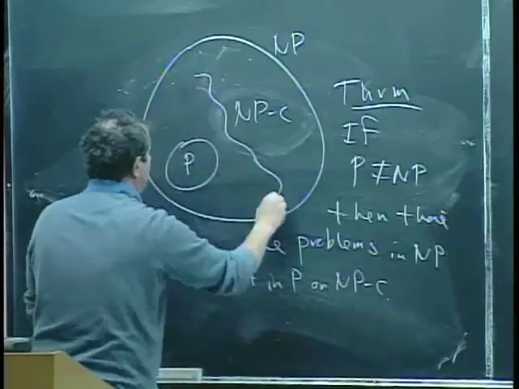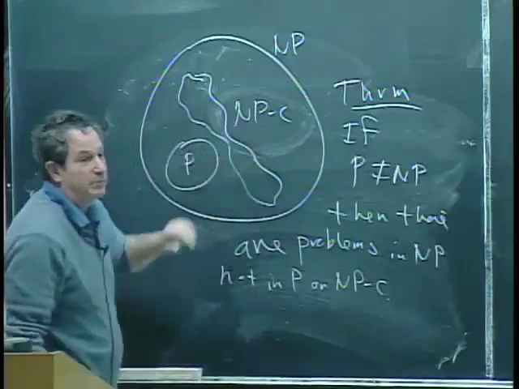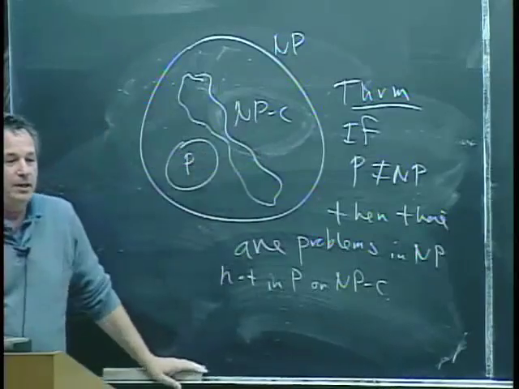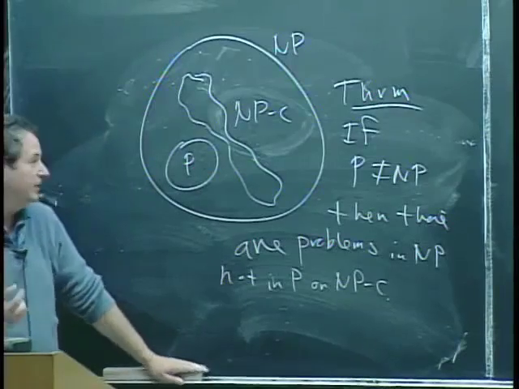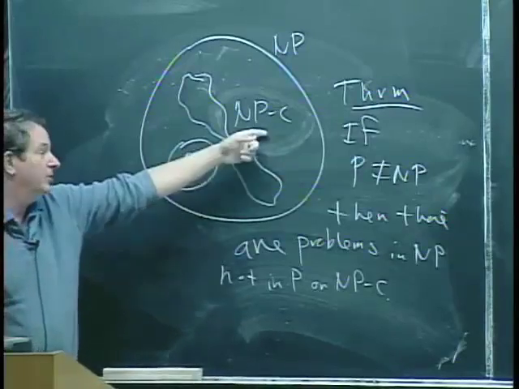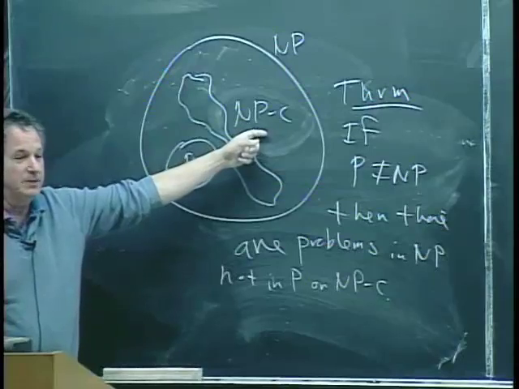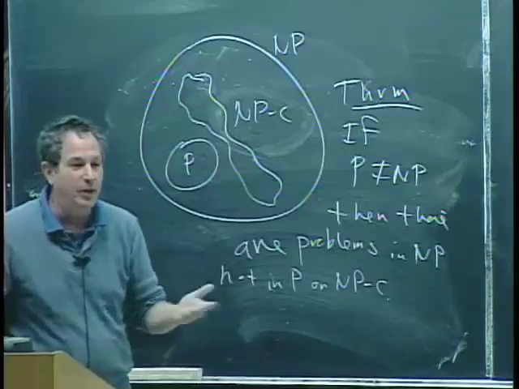So there's some set of problems in here that are neither in P or NP complete. And that means you could be very unlucky. The problem that you're trying to resolve, you can't show it's in P because it's not. You can't show it to be NP complete because it's not. And so you're just left with failure. You're just left not knowing.